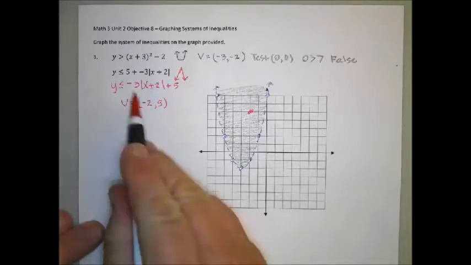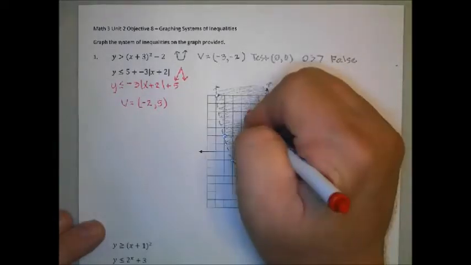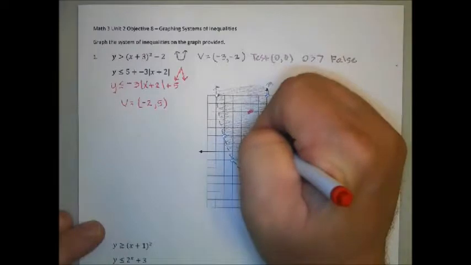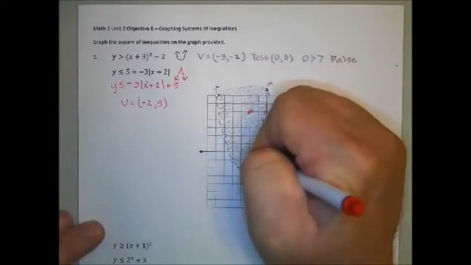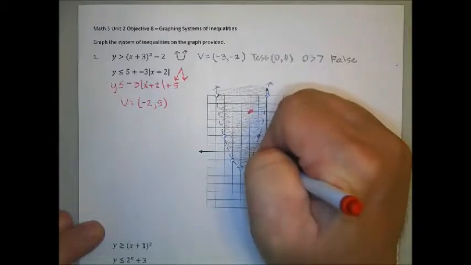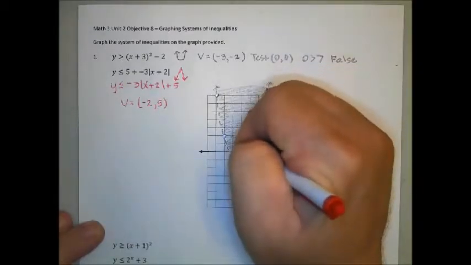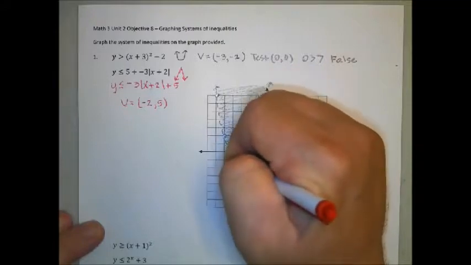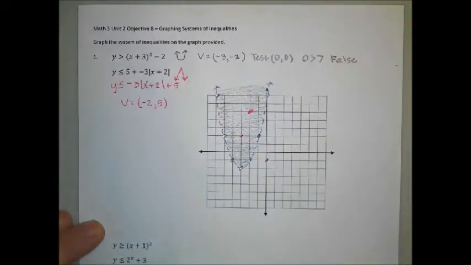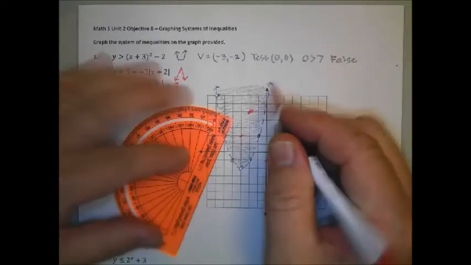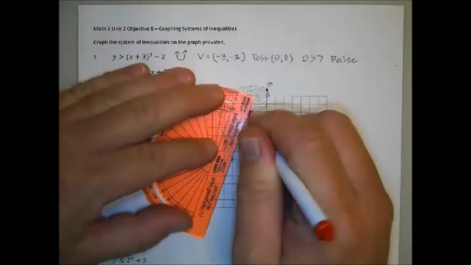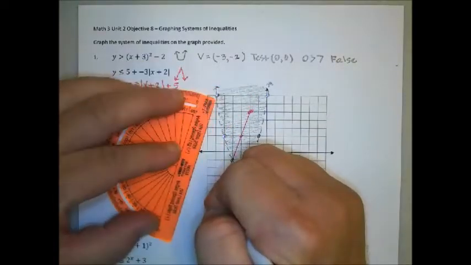Now the slope is -3, so down 3 over 1, down 3 over 1. Go the other way, down 3 over 1, down 3 over 1. Now, since it's less than or equal to, I can use a solid line. I don't need to use a broken line to represent this graph.